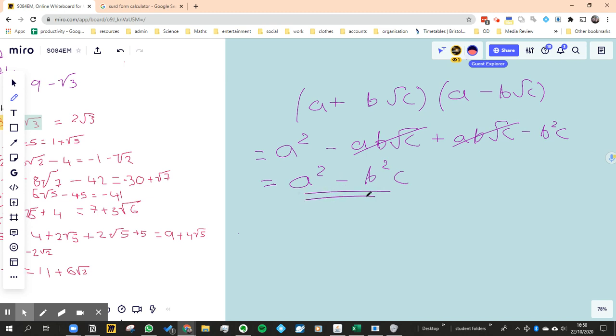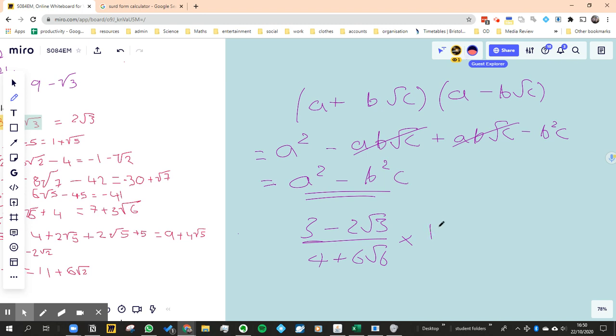Now, this is extremely important because if you're trying to rearrange a surd that might have, like, 3 minus 2 root 3 over 4 plus 6 root 6. Well, you want to get rid of this bottom value here, because it's really difficult having a surd underneath. So you can times it by 1, can't you? This is the trick.